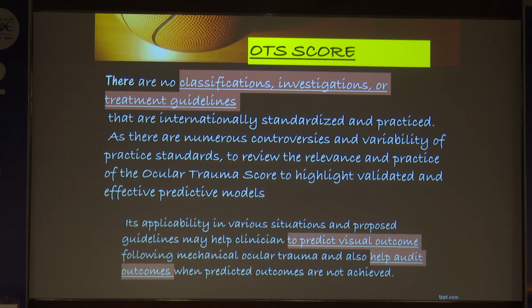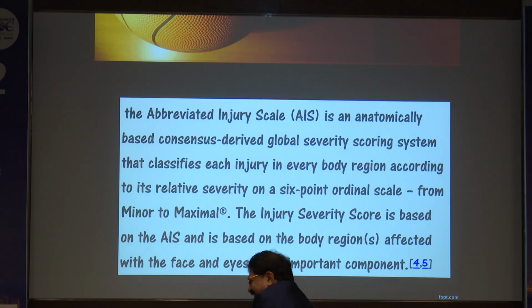Now, there is something called the OTS score. As of now there are no classifications, investigations, or treatment guidelines that are internationally standardized and practiced. There are numerous controversies and variability of practice standards. To review the relevance and practice of ocular trauma, to highlight validated and effective predictive models, and why an OTS is required to predict visual outcome and also to help audit outcomes.